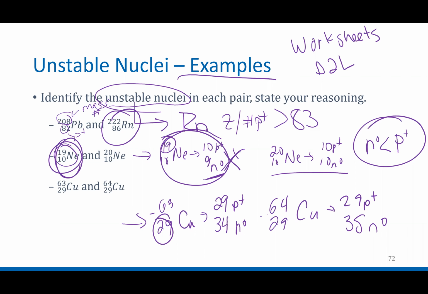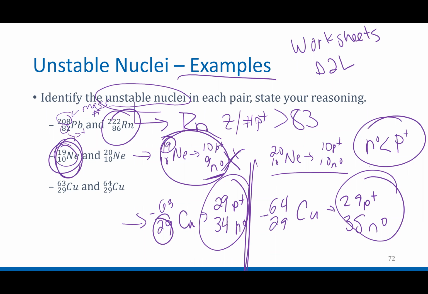Again, these numbers come from just subtracting the mass number minus the atomic number. Okay, so guys, looking at this, 29 and 34 or 29 and 35. This is an odd situation.